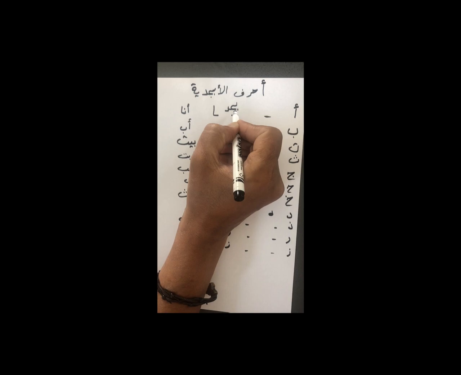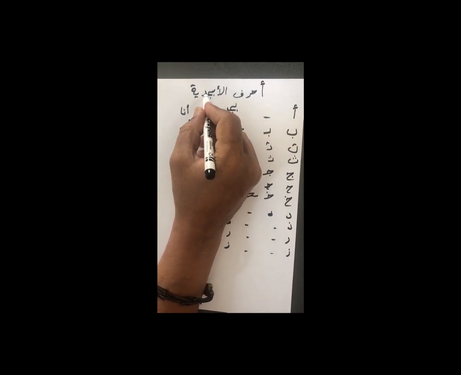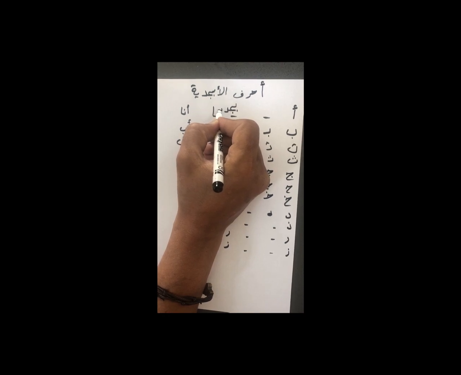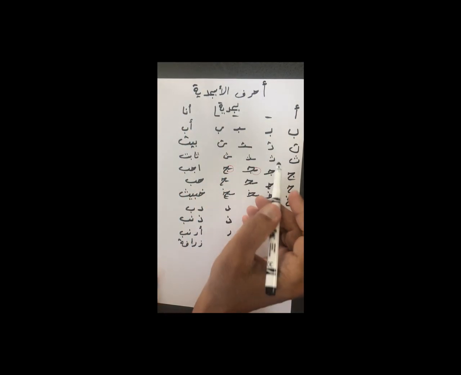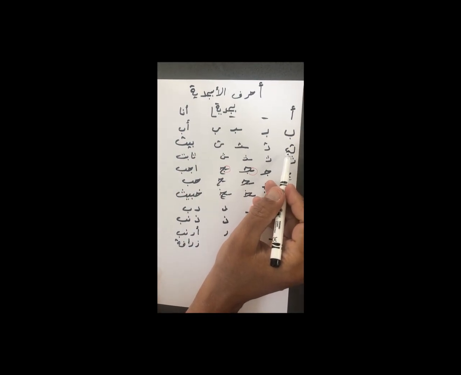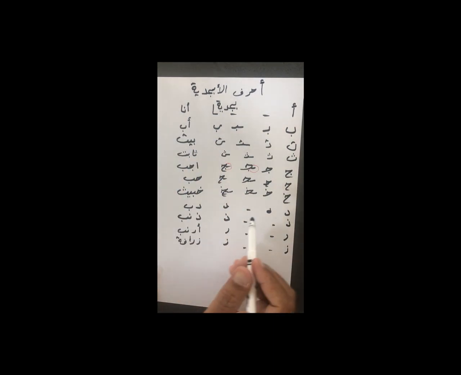Ba, put a dot in here, a dot for the Jim, and the Dal for this one, then Ya plus Ta. This Ta is a small Ta like this one, but it's used for different things. It's used for femininity.